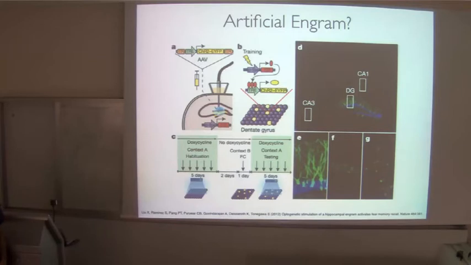So now you do that. This is very sophisticated molecular biology. But what you want is c-Fos dependent channelrhodopsin. So you want channelrhodopsin to be expressed only in neurons that were spiking a lot.